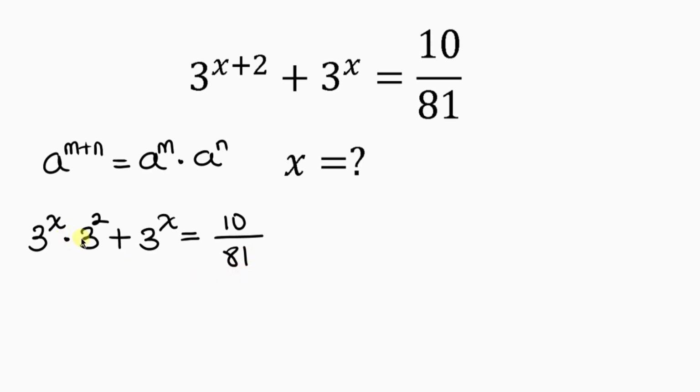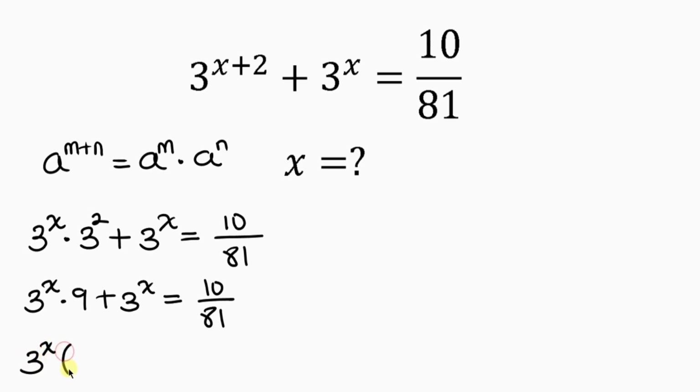Now this expression is simplified into 3 to the x times 3 squared is 9 plus 3 to the x, and this is equal to 10 all over 81. Now notice that on the left hand side 3 to the x is common, so we can factor out 3 to the x. Now open a bracket.